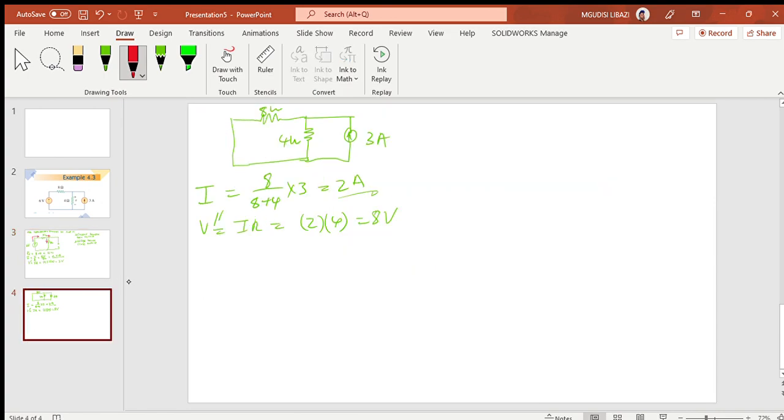For the second one, the current source's arrow points upwards, and when it comes here it goes downwards. Since the directions are both down, I have 8 volts.